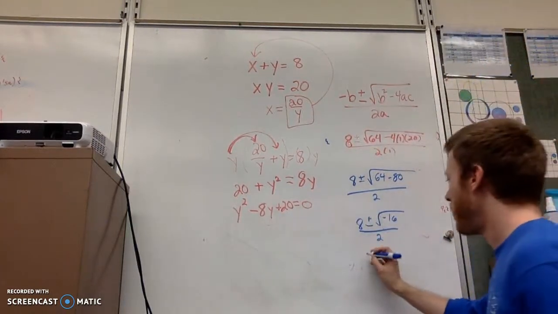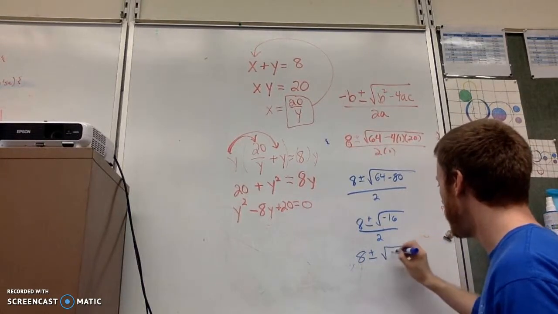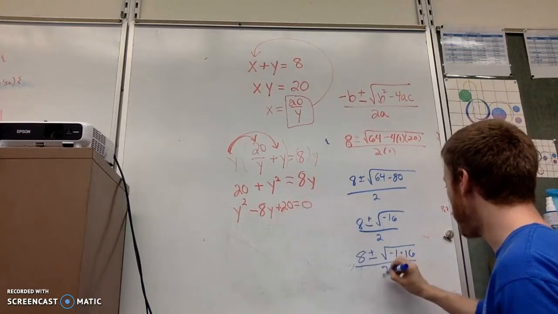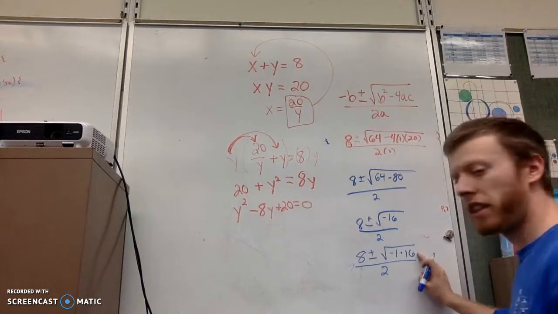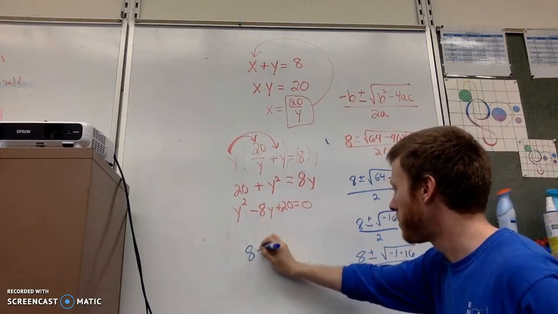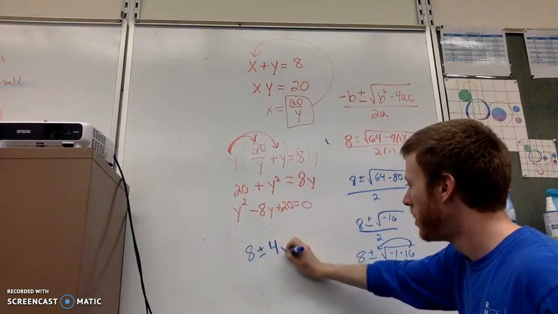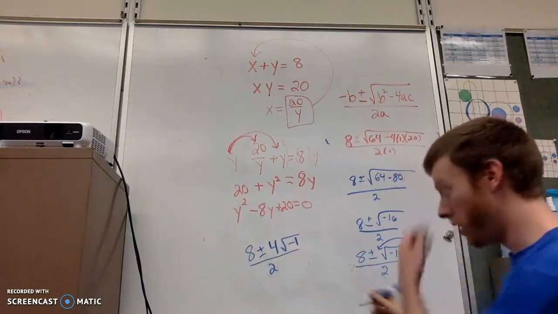Let's write this a different way: 8 plus or minus the square root of negative 1 times 16, all over 2. So clearly 16 is allowed to leave and become 4, times the square root of negative 1, all over 2.